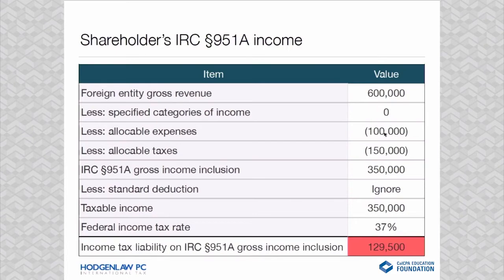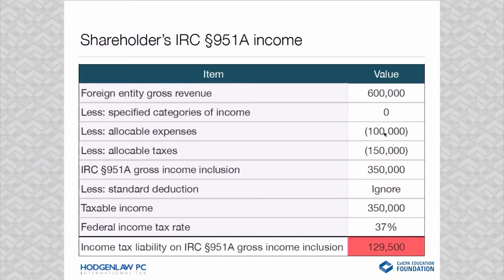And then you subtract allocable expenses that apply to this residual income that we're working with. Since by assumption we only have this operating income, all of the expenses, the 100,000 salary, are applied to it, and all of the taxes are deducted. And 100% of the foreign income tax paid by the corporation is allocable to this residual type of income, which is the gross income inclusion of 350,000.